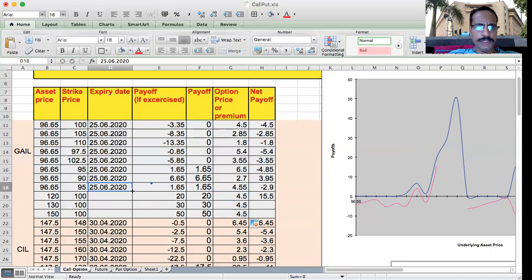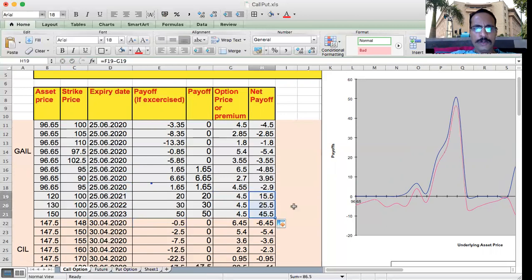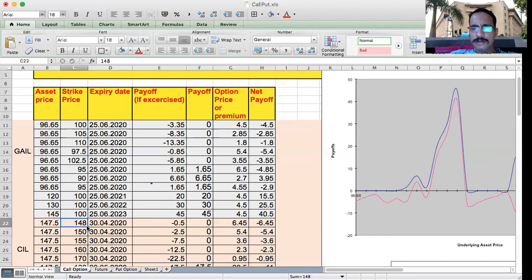We are not going to change the date here also. Okay, so you see that the net payoff keeps on increasing as the share price keeps going up. My payoff kept increasing. And if I make it say 145, then this is the price range.